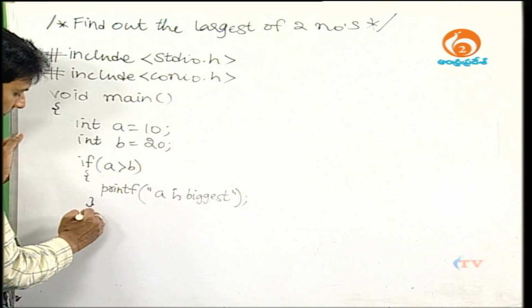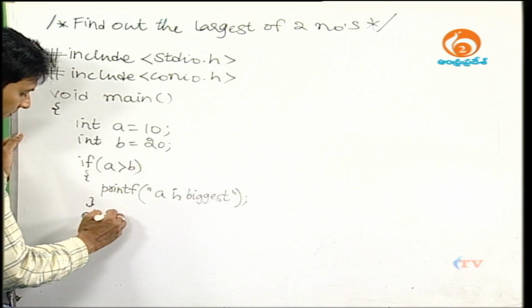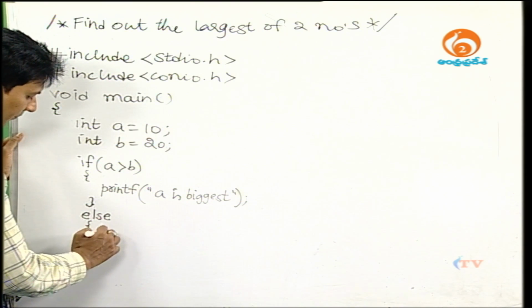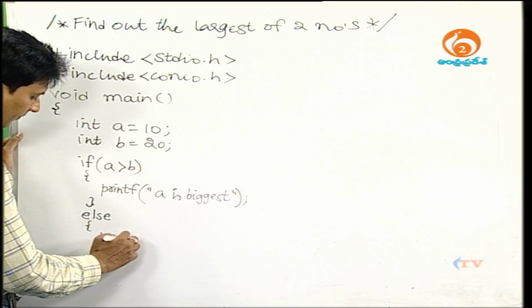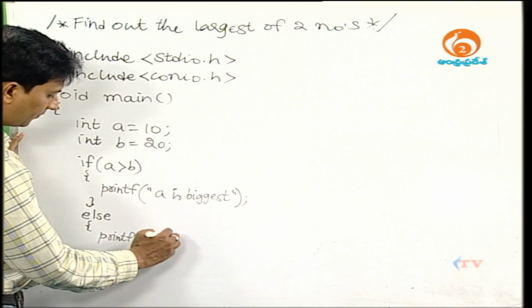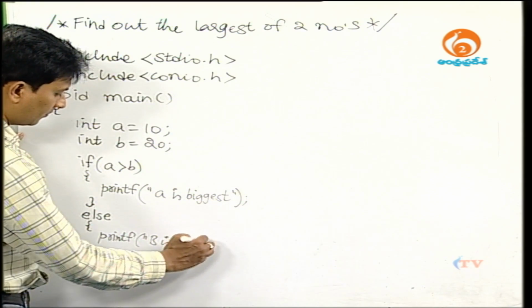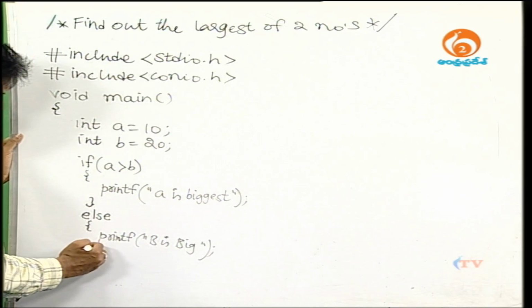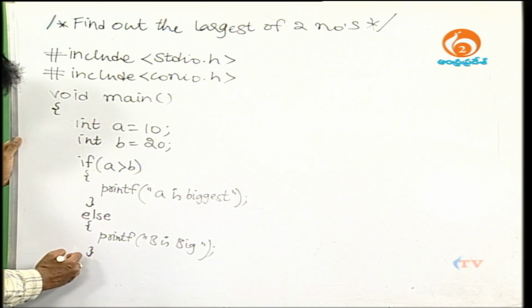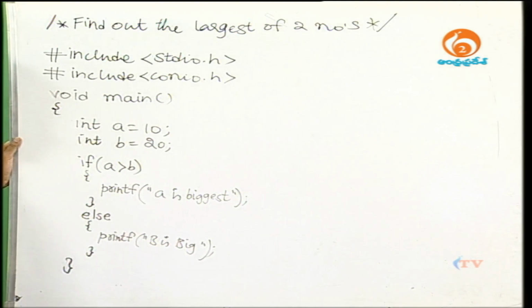Else, printf b is big. Closing the else part, end of the main program.